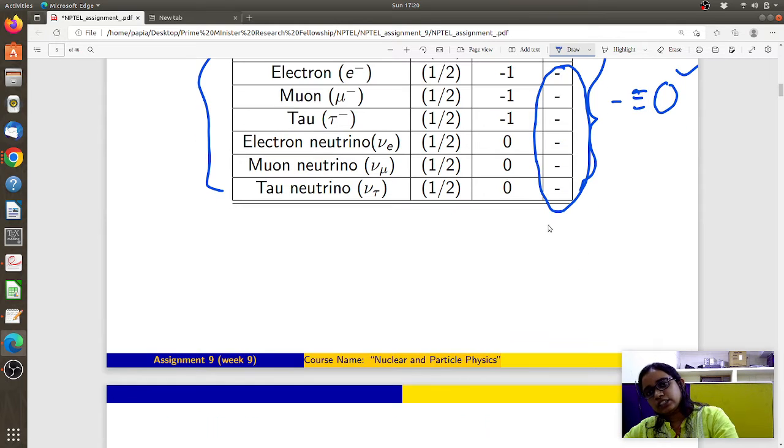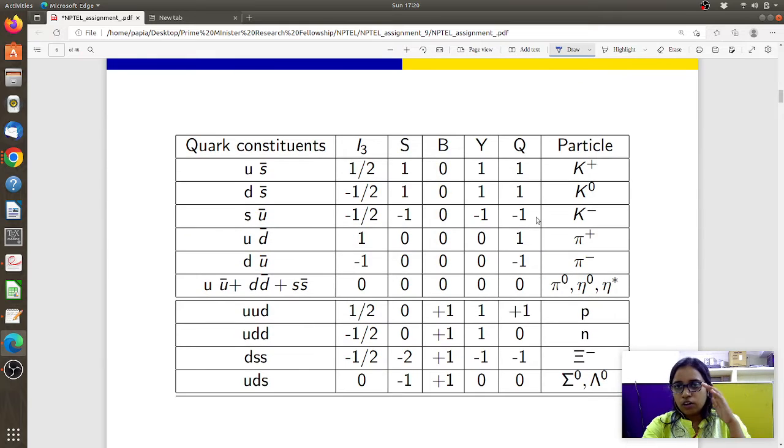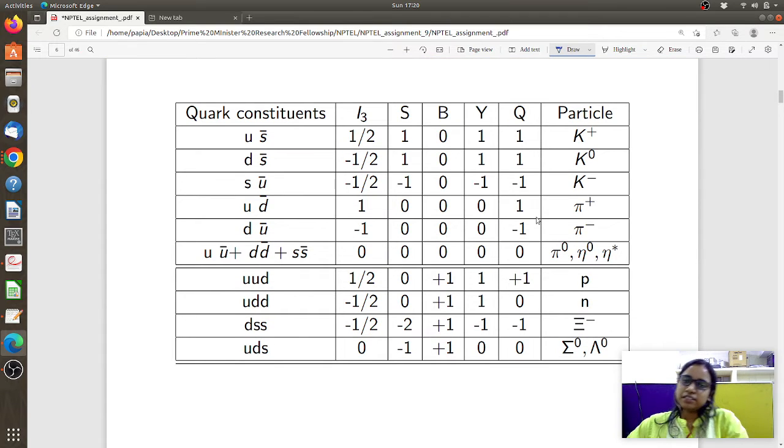Now in the next slide, I was mentioning some of the particles with their quark contents. Obviously for all the particles there will be different quark contents, and we can't remember everything, but the main particles which will come in most of the questions, we have to remember their quark constituents.